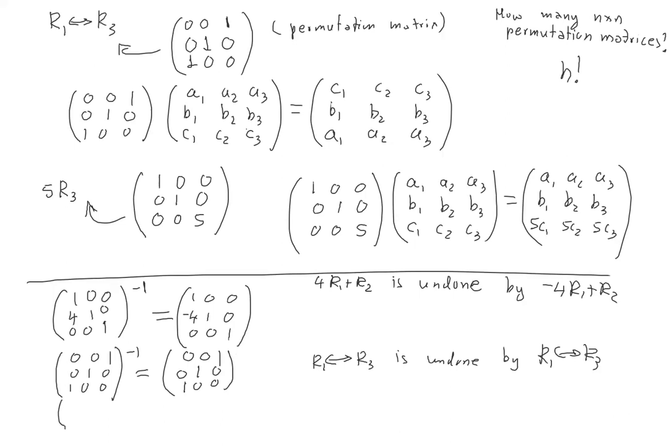And finally, can anybody tell me, if I have this, what is the inverse of this? 3 row 2 is undone by what? Exactly, 1/3 row 2. So the inverse of this will be 1 0 0, 0 1/3 0, and 0 0 1.